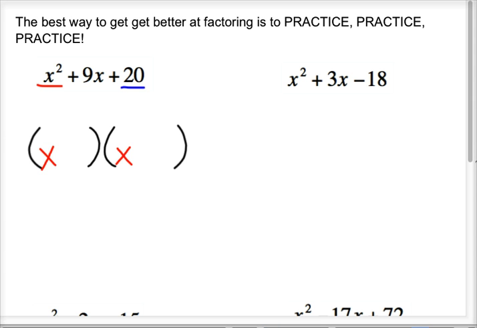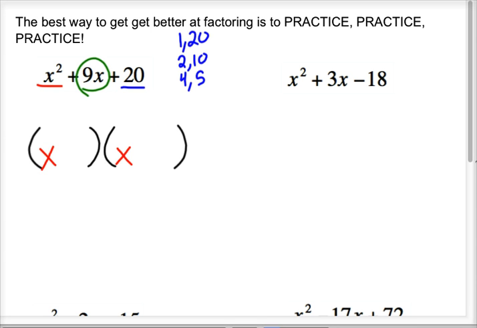We look at the 20. So we have some possibilities that multiply to 20. We have 1 and 20, 2 and 10, 4 and 5. So we have some possibilities going on here, some options. Well, again, the key is we're looking that those outside and inside terms combine to give us 9x.